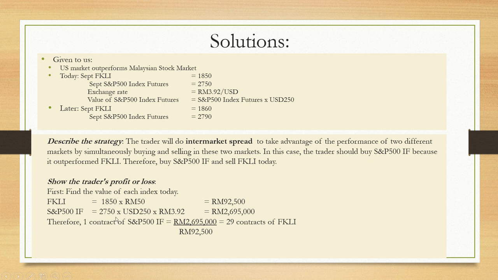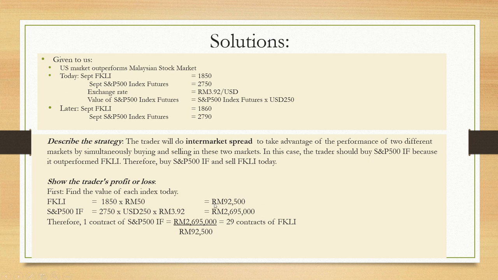Nak tukar kepada USD, times 250. But this one is in USD, we have to have the value in ringgit. So kita darab dengan exchange rate kita, 1 USD equals 3 ringgit 92 cent. So the total value of S&P 500 index futures in ringgit would be 2.695 million. So you nampak tak beza dua kontrak ni, sangat beza harga, beza value of these two futures contracts.